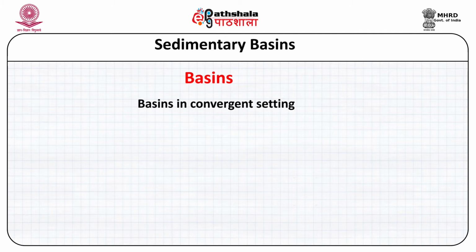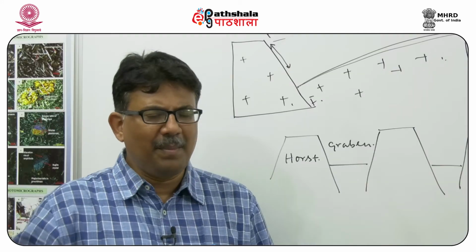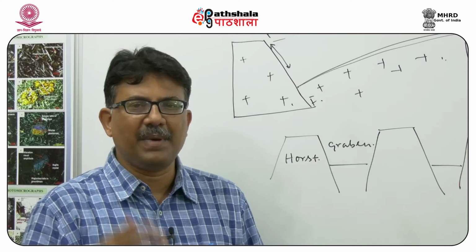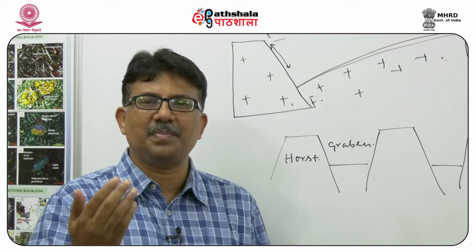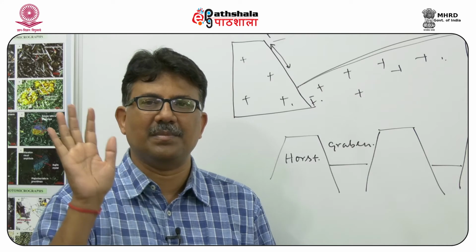Now, I will come to the discussion of the convergent margin basins. There are a number of convergent margin basins. If I go to the board and draw, then I can explain what the different convergent margin basins are.